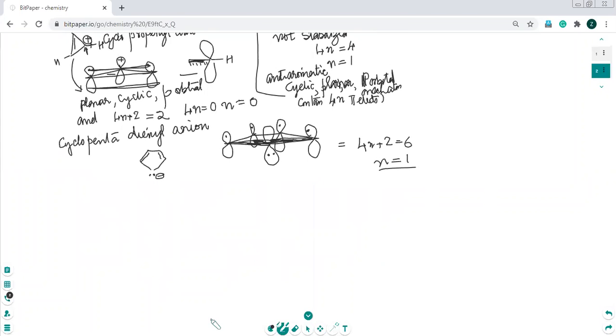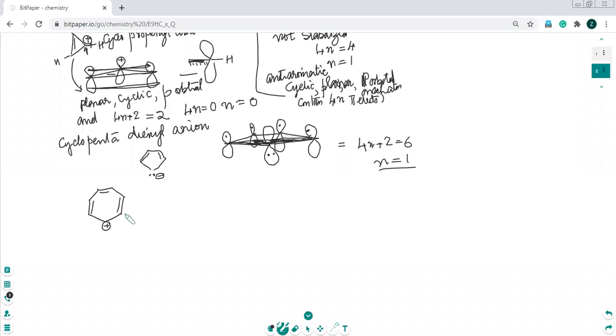Similarly, you have another cation which is aromatic, cycloheptatrienyl cation. So this is a 3-member ring, this is a 5-member ring. Let us look at a 7-member ring. And this is a cation.